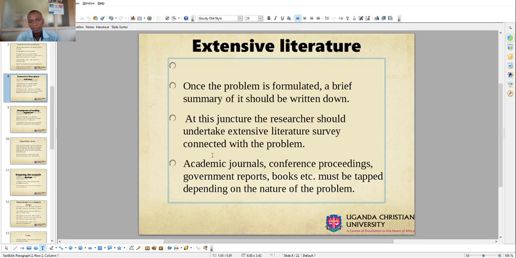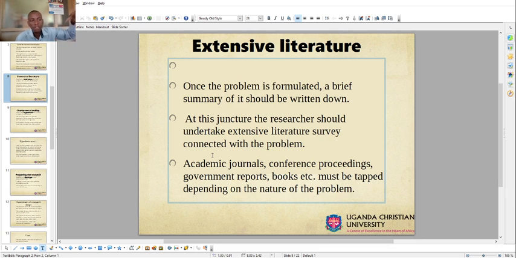About the same topic. Probably my topic was the effect of corporate social responsibility on the performance of, let's say, non-government organizations, on performance of an organization. And I take a case of UCU. You may find that someone did a study on corporate social responsibility and performance in Kenya, in Rwanda.